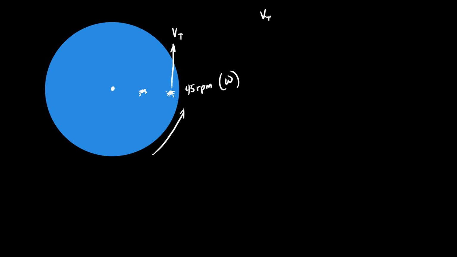This way, if the bug starts walking towards the center, we would have radial speed and tangential speed. They would be different. This equals the angular speed times the radius, but only if the angular speed is in radians per second.